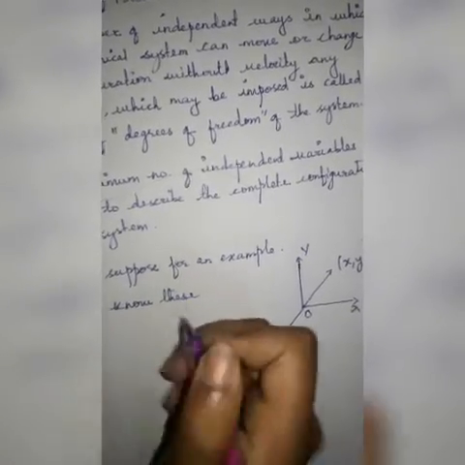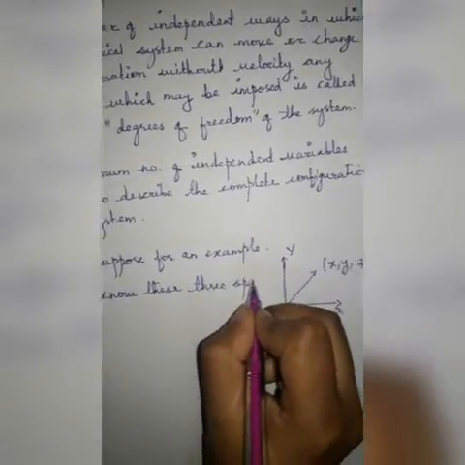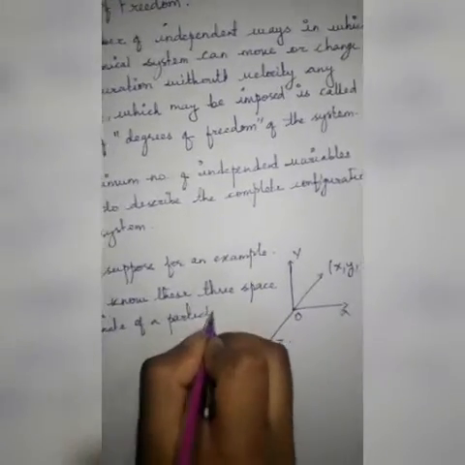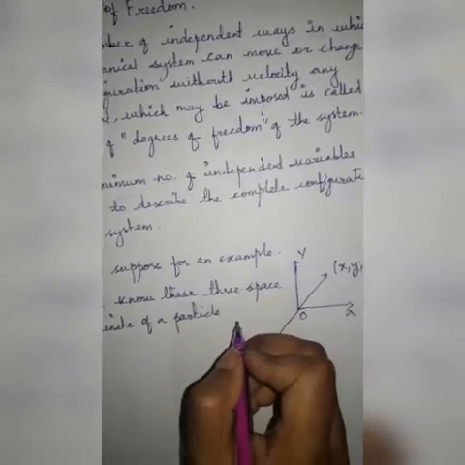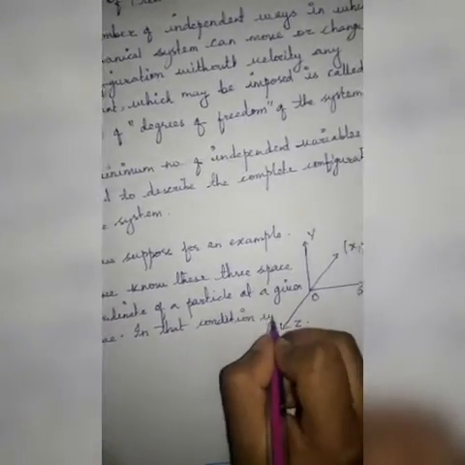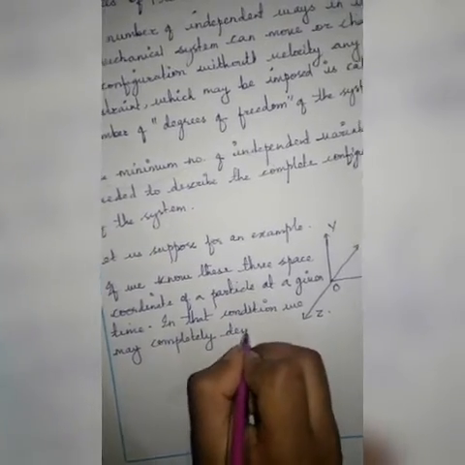Here, if we know these 3 space coordinates of a particle at a given time, in that condition, we may completely describe the motion of the particle.